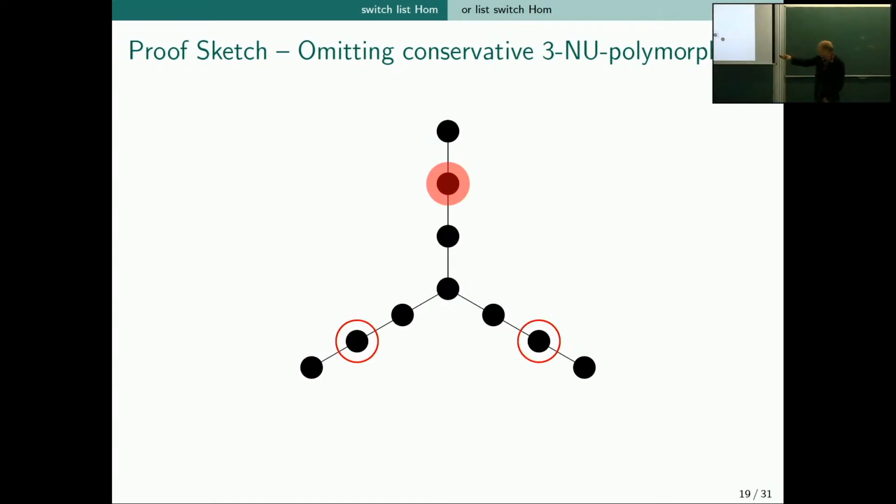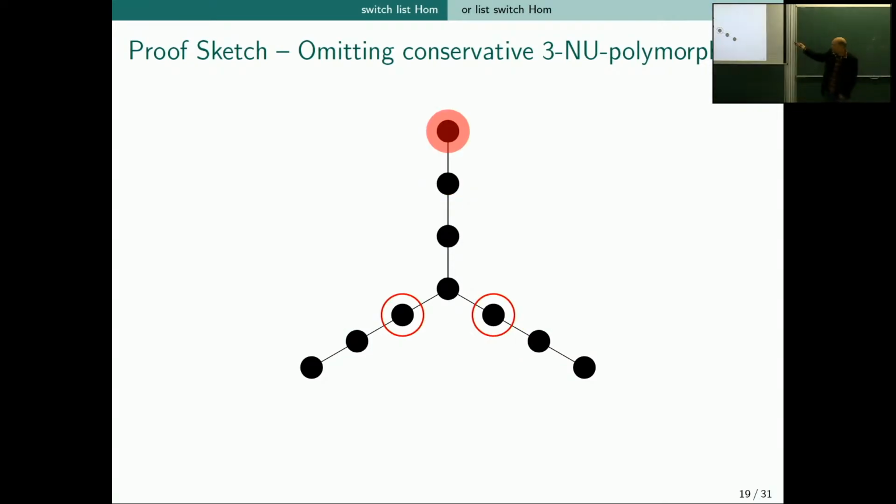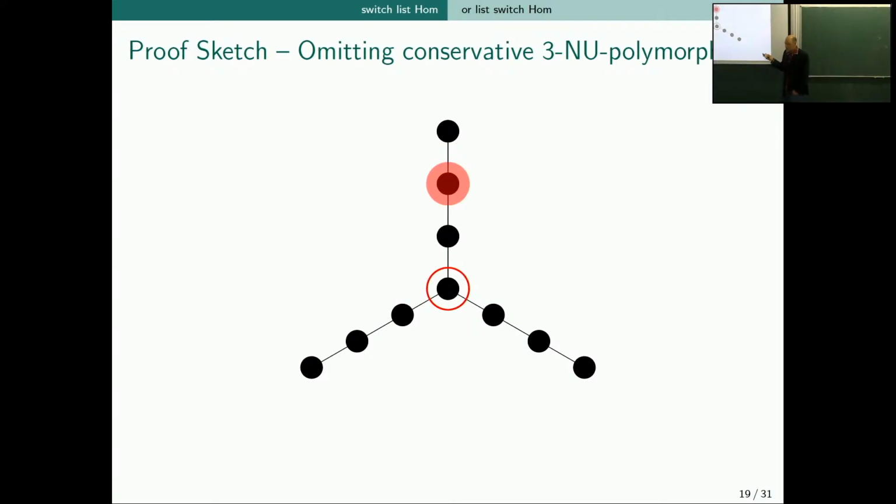Then this adjacent 3-tuple has to map to one of those vertices, but only this one was adjacent to that one. Then this adjacent 3-tuple has to map to the top there. And finally, this adjacent 3-tuple has to map here, but 2 of my entries are here, and so that's not a majority. That's not a 3NU polymorphism. So that's how we can show that it doesn't exist.